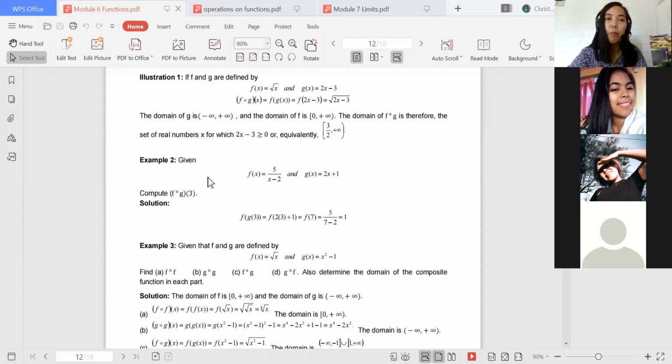Okay, another example, given that f of x is equal to 5 over x minus 2 and g of x is equal to 2x plus 1, compute f composite g of 3. So now we have a value for x, which is 3. We're going to get f composite g.